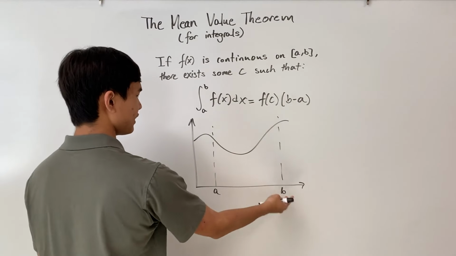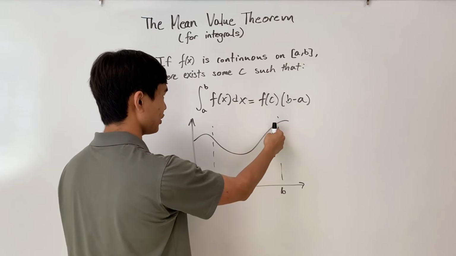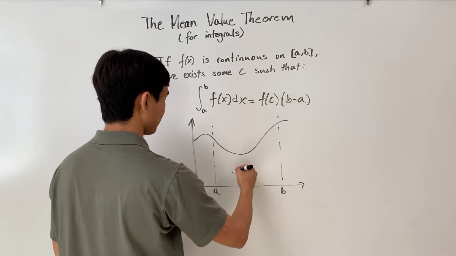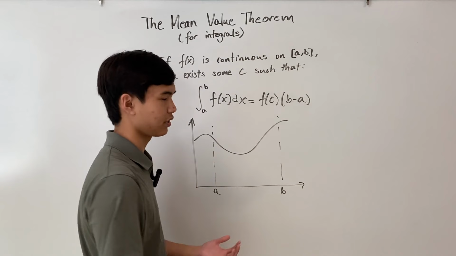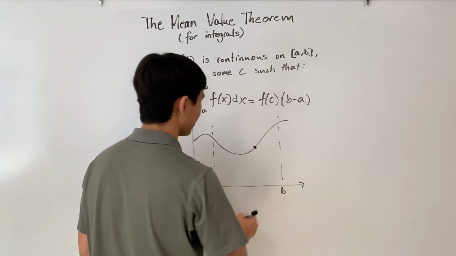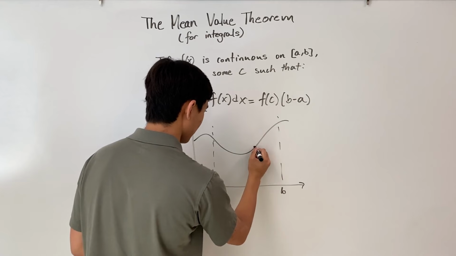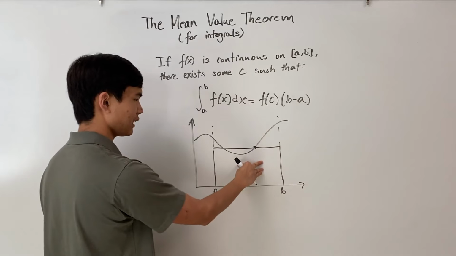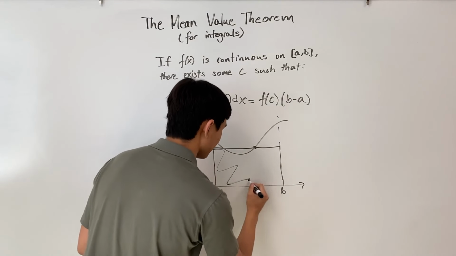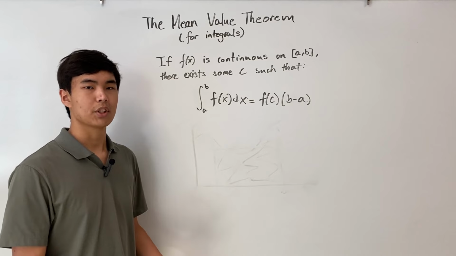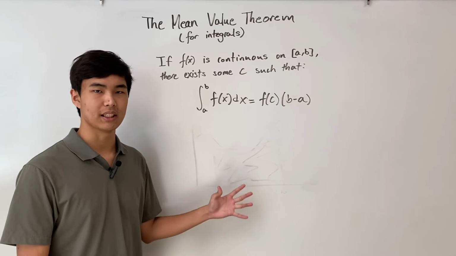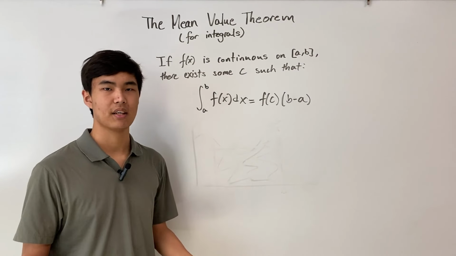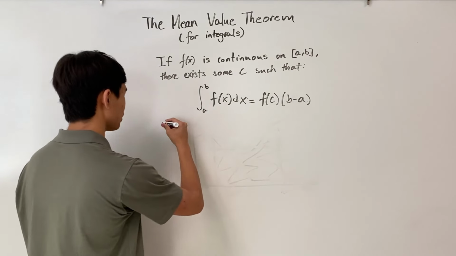Since this is continuous on the closed interval a to b, it's guaranteed that there's some value, we don't actually know what it is from the graph, such that the area of this rectangle is equal to the area under this curve. At first glance, this theorem might not seem very useful. It doesn't even tell us what this value f of c is. But that's where the average value of a function comes in.